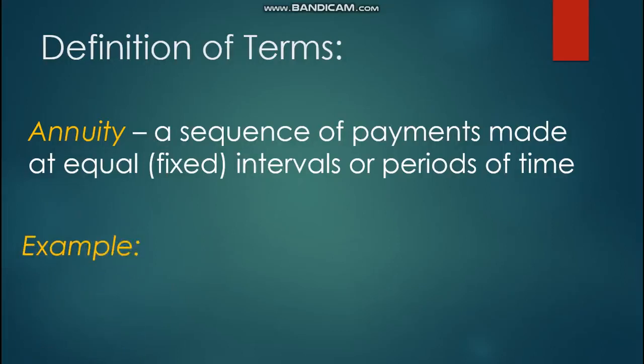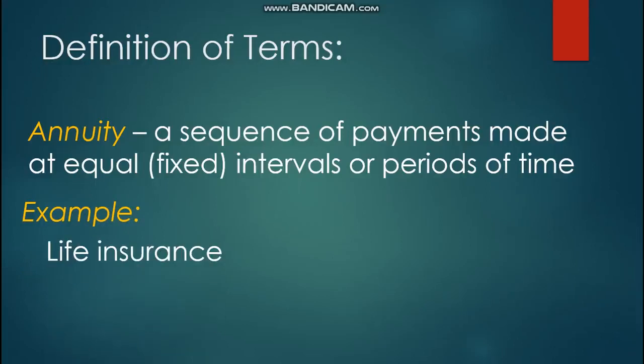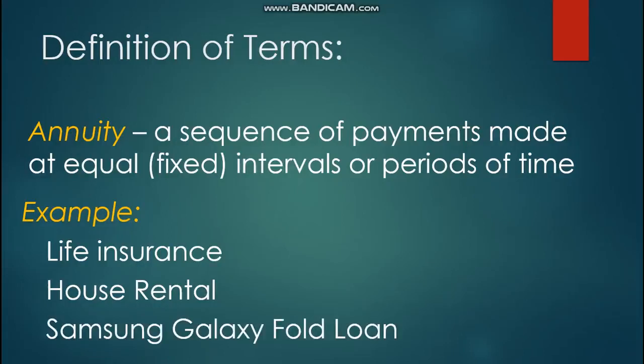And here are some examples of an annuity: life insurance, pwedeng monthly ang pagbabayad niyan or annually. House rental is monthly. Like pag nag-loan ka ng expensive phone like Samsung Galaxy Fold at magbabayad ka niyan, tatawagin natin siyang annuity. Okay?